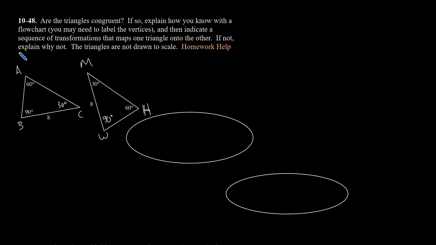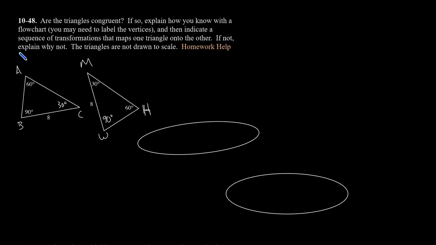I know that I need to say that two of the angles are congruent. I want to say angle B and angle W are congruent, but in order to do that I have to show that angle W is 90.